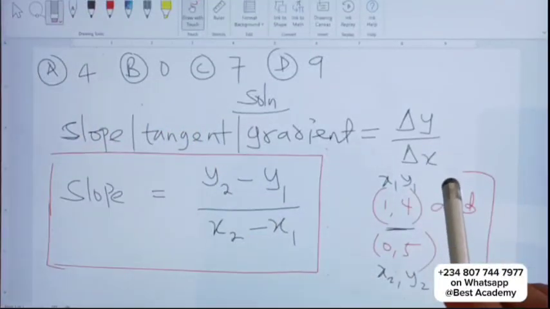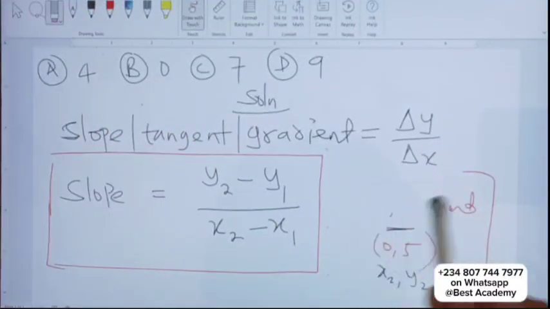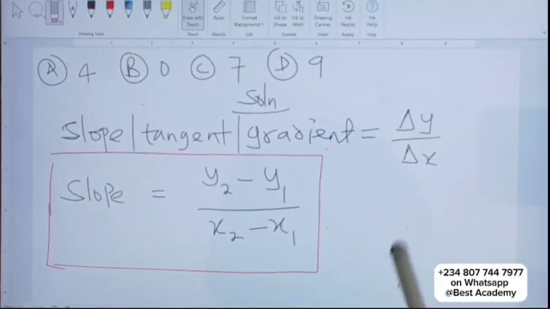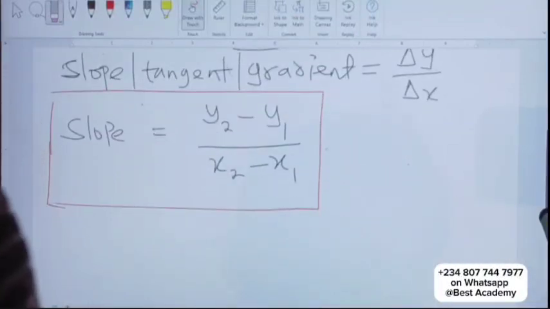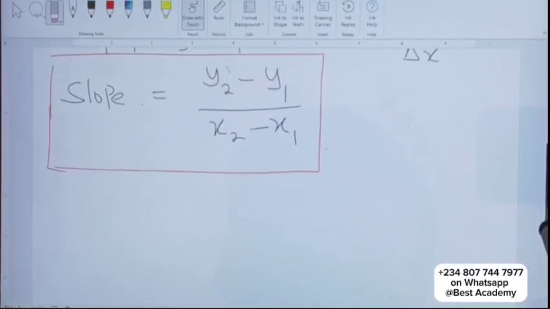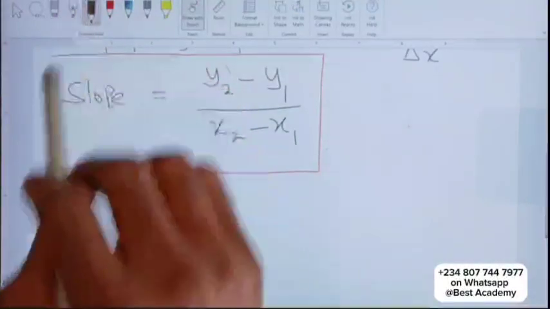But if the question is given to us in terms of an expression, not in terms of coordinates, how can I find the slope?